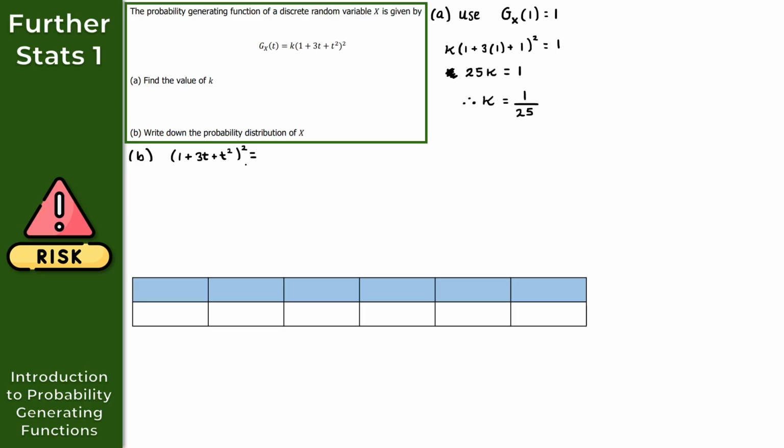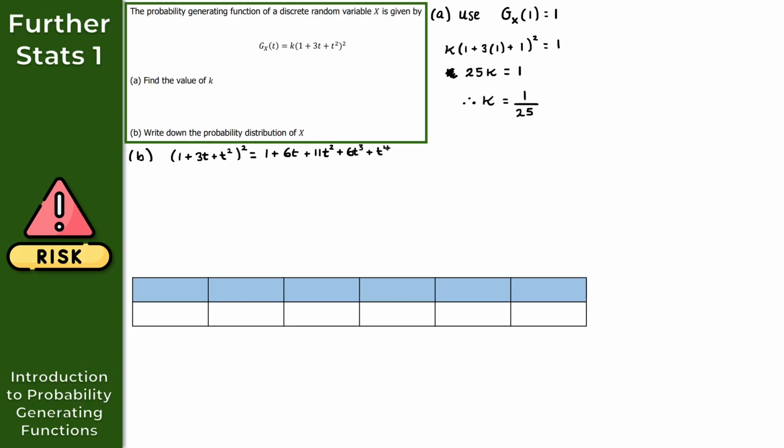Okay, so it's up to you whether you write it as a product here or you just expand it. It's completely up to you, but either way, what you should get is 1 plus 6t plus 11t squared plus 6t cubed, and then finally plus t to the power of 4.